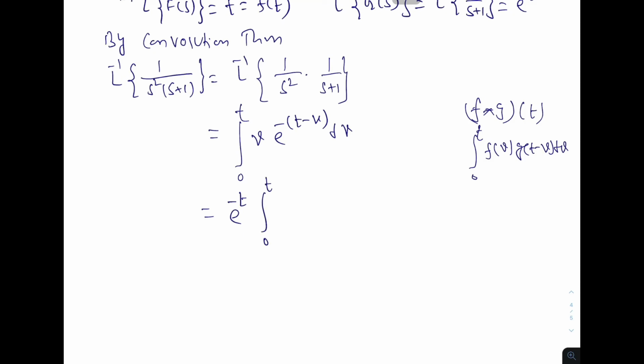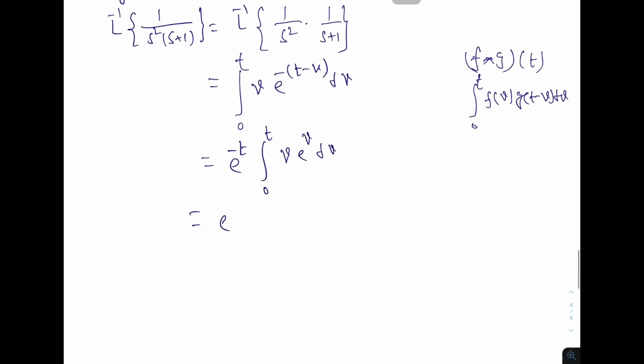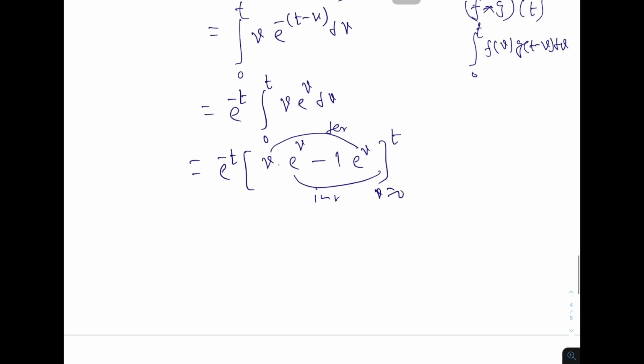So the integral from 0 to t of v e to the power v dv. So let us take integration by parts. The integration of v e^v is v e^v minus the derivative of v, which is 1, times the integration of e^v, which is e^v, and this is from 0 to t.